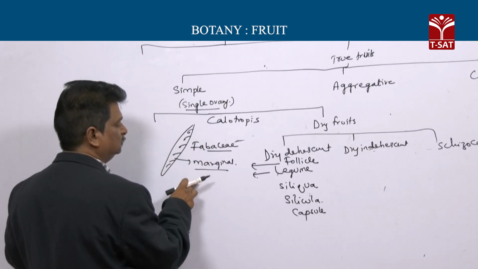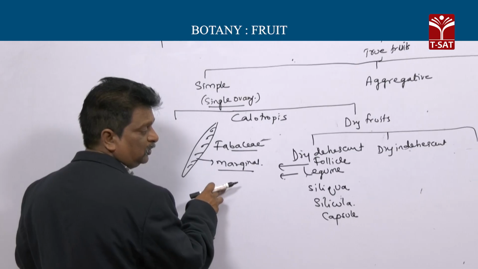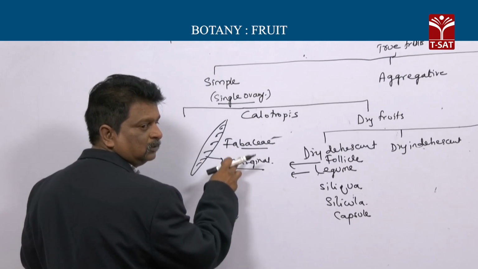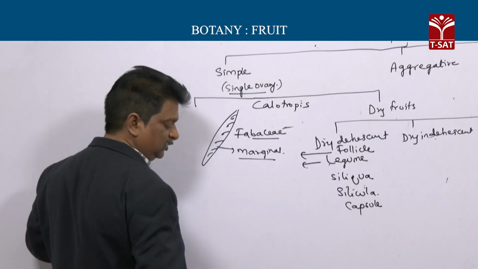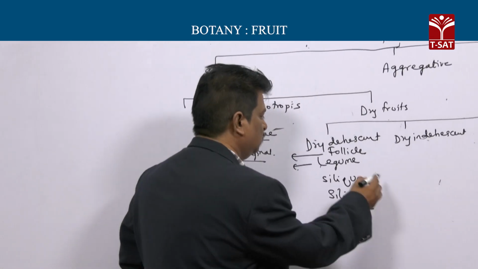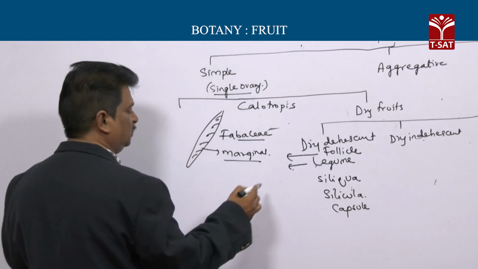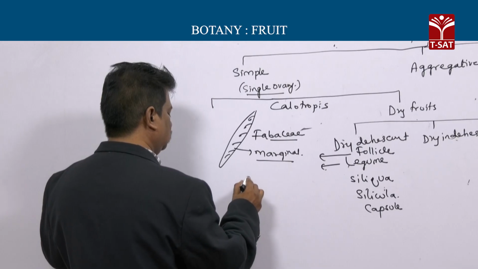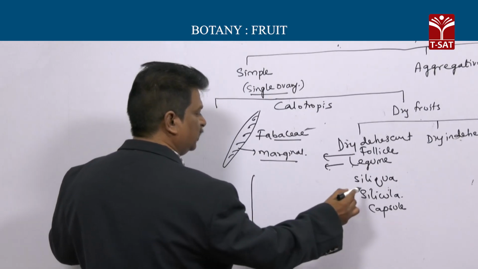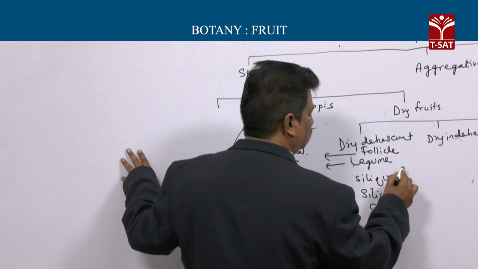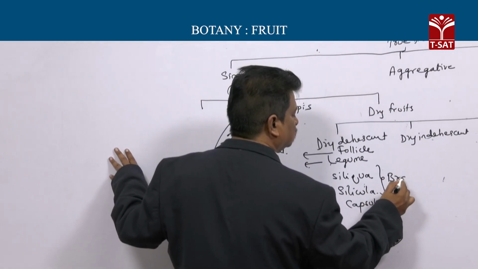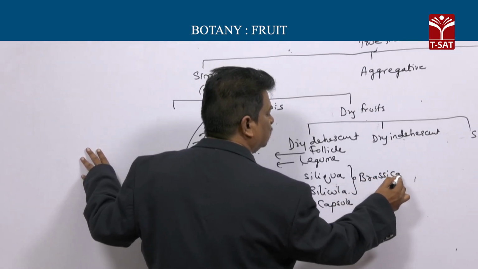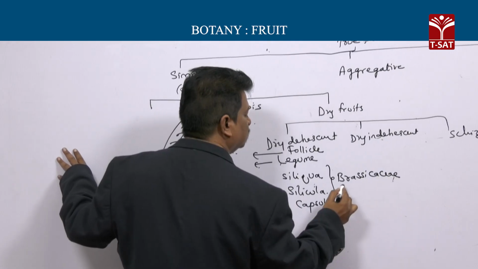And in legume, fruit breaks both dorsiventrally and liberates seeds, called legume. Third one, siliqua.